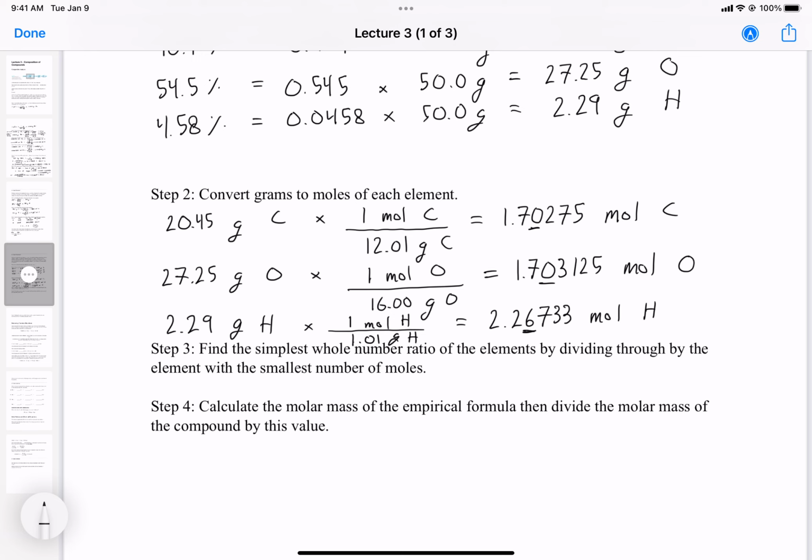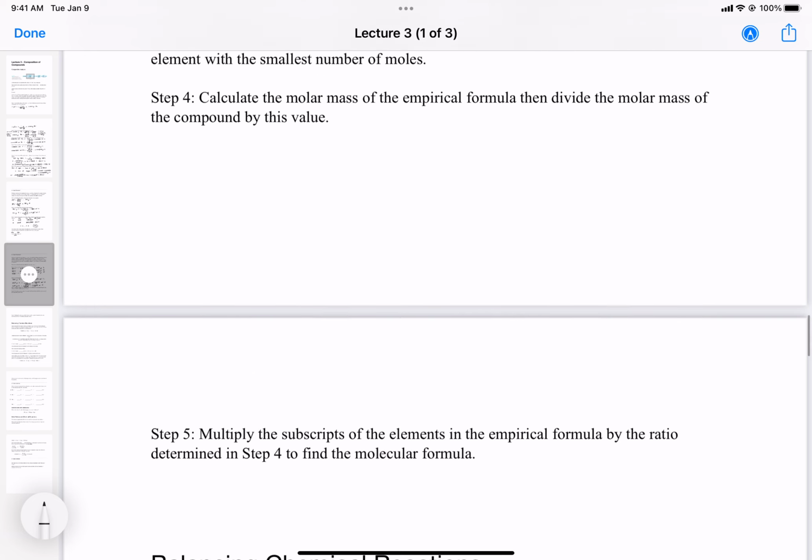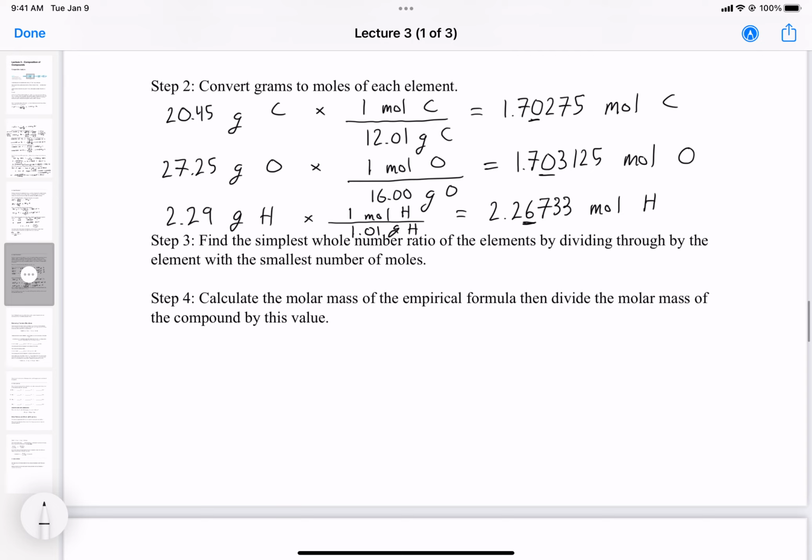Okay, so I didn't give myself enough room here, but we're going to find the simplest whole ratio by dividing by the smallest number of moles. So let's just write our elements here: carbon, oxygen, hydrogen. So carbon, we have 1.70275.